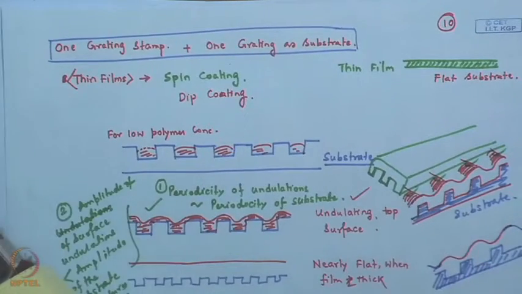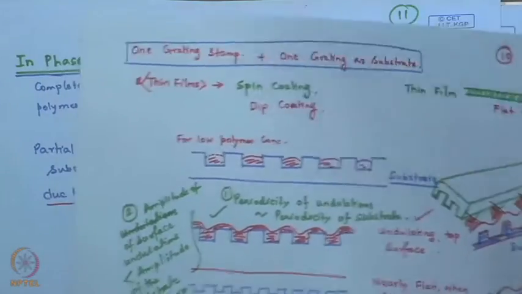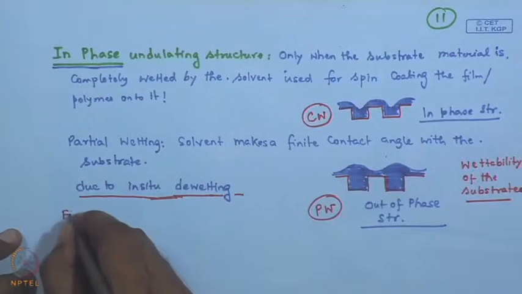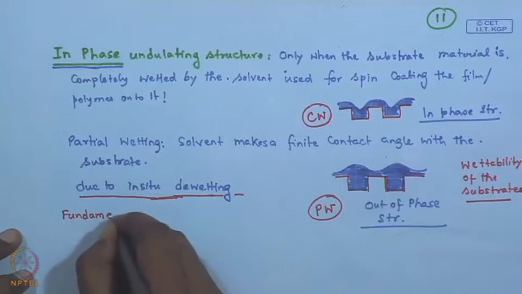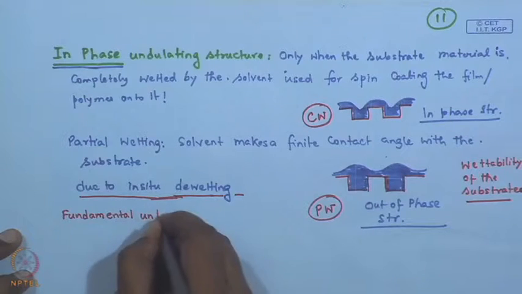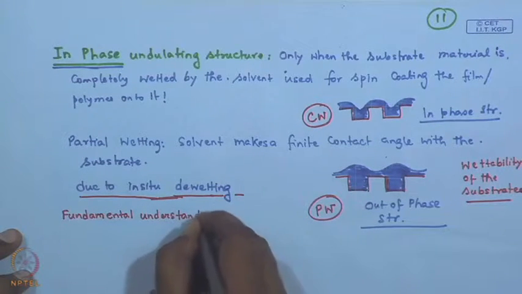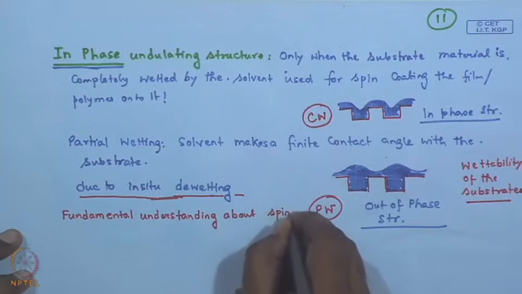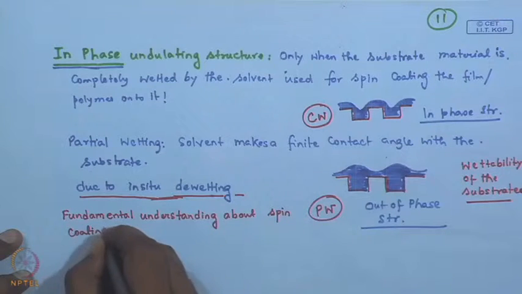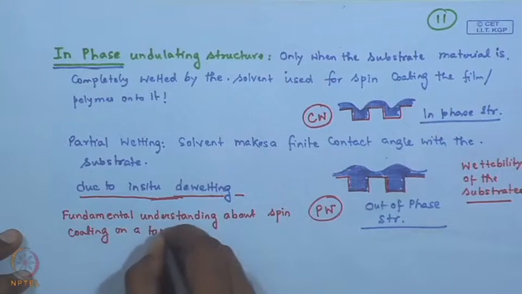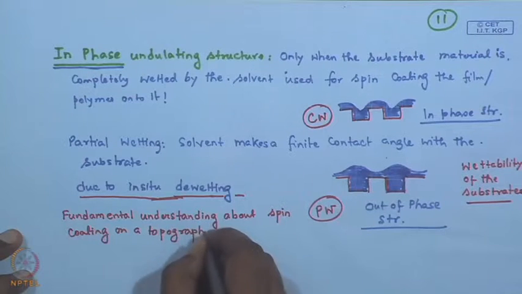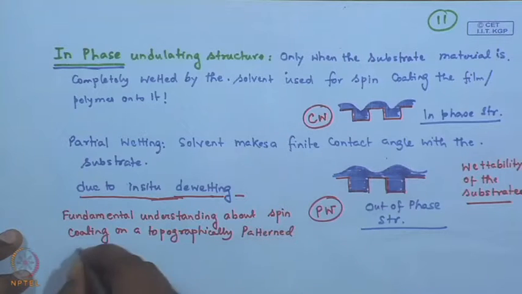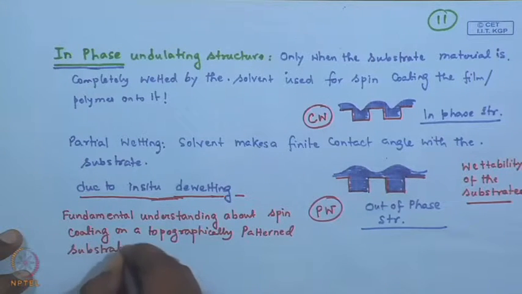But depending, so we have already shown two examples. I mean, this is one, I would say, a fundamental understanding about spin coating on a topographically patterned substrate.